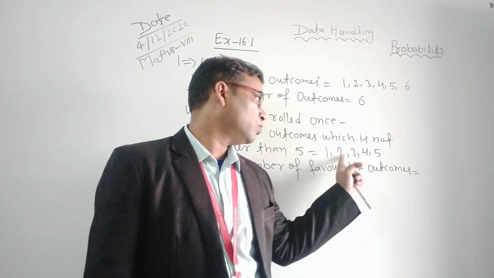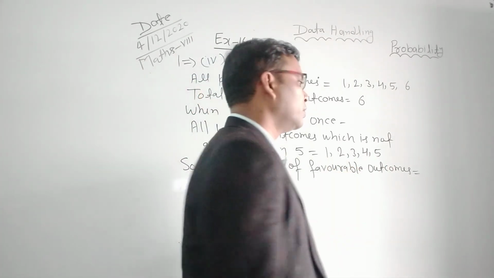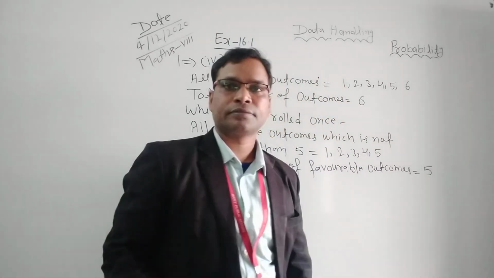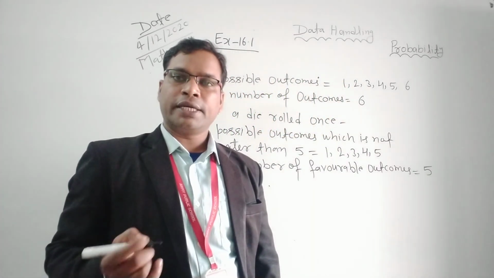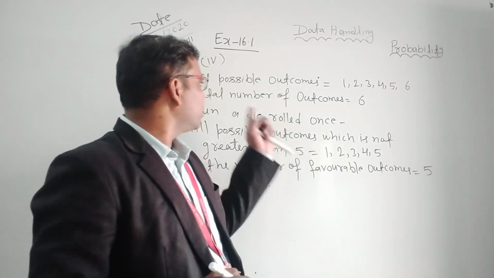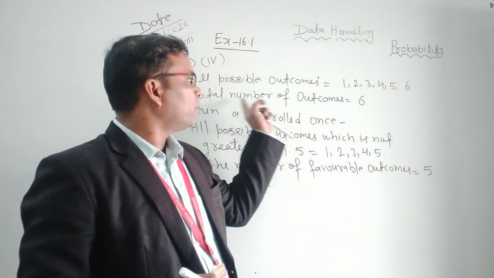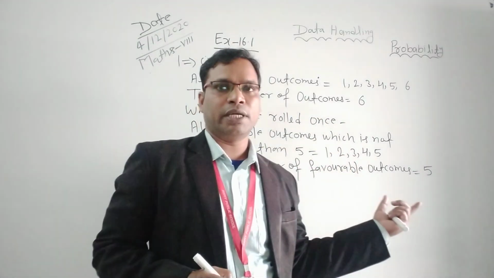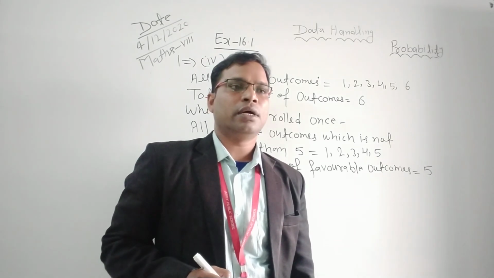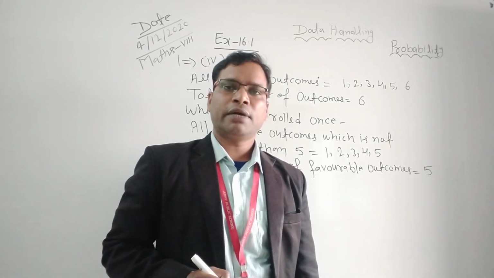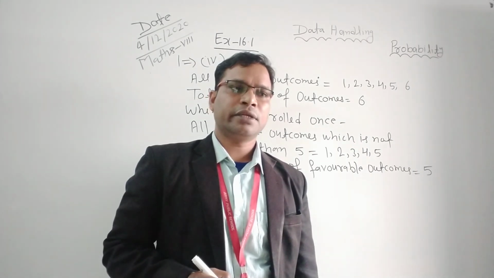You can see 1, 2, 3, 4, 5. So you write here 5. 5 numbers are not greater than 5. Our total number of outcomes is 6, and our favorable outcomes is 5. This is clear? Now find the probability of getting not greater than 5.